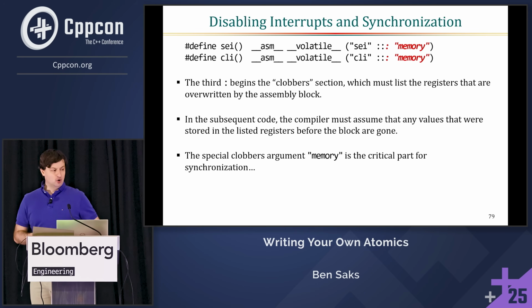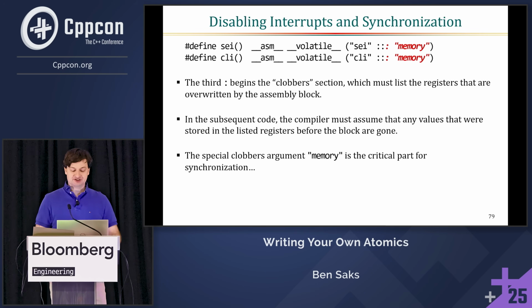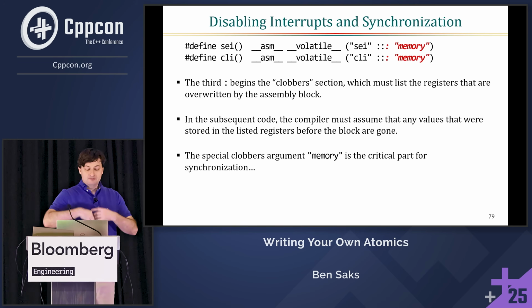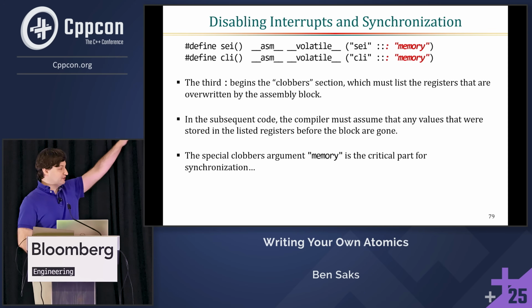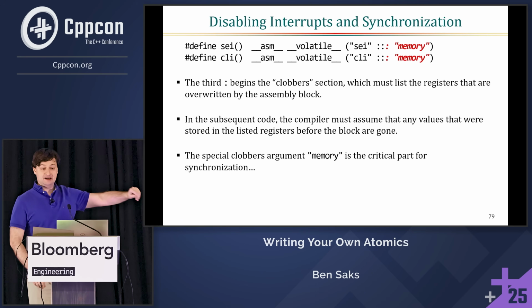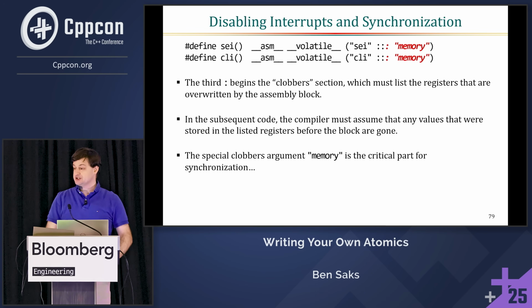The third colon begins what the documentation calls the clobbers section, which normally lists out the registers that would be overwritten by this assembly block. The idea being that the compiler, behind the scenes, has been working with your C and C++ code, using registers, choosing what to put into various registers at different points.